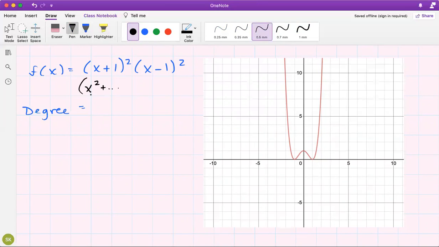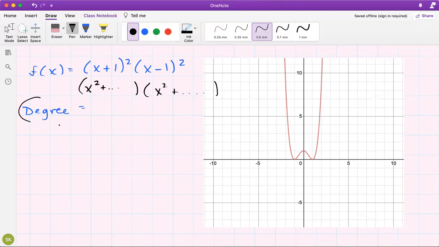And the other stuff will have lower powers, because you'll get like a 2x and a plus 1. And then over here, if you FOIL this out, you're going to get an x squared minus 2x plus 1. But I really don't care about this other stuff, because when I multiply these two trinomials together, I'm going to get x to the 4th plus some other stuff.